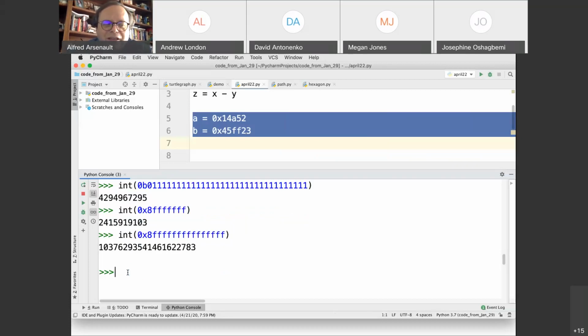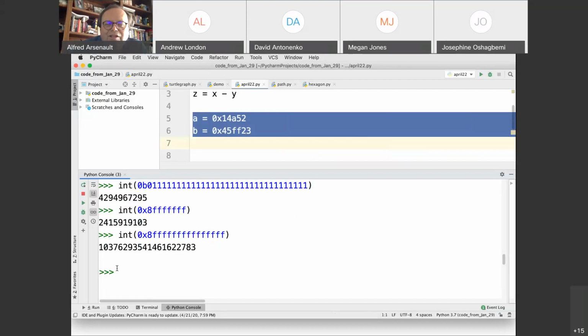And you can see it is a lot bigger. It looks like about 10 quintillion, 376 quadrillion, 293 trillion, and a bunch of others. And at that point, who cares, because it's all round-off error.